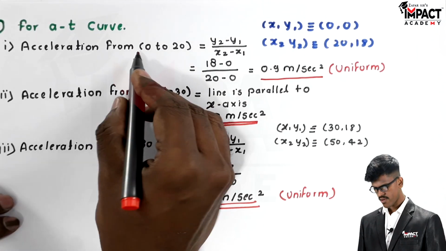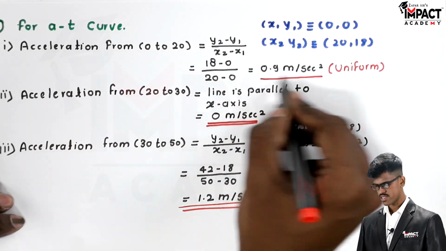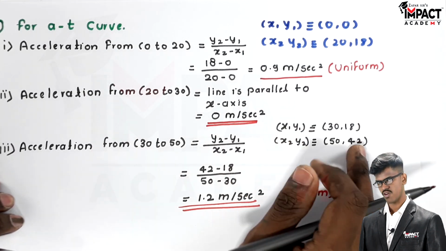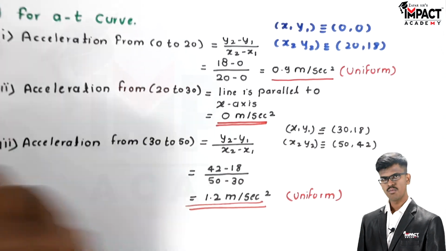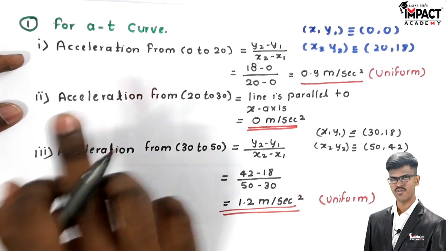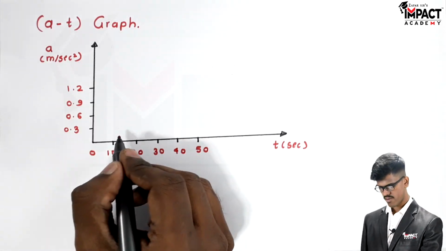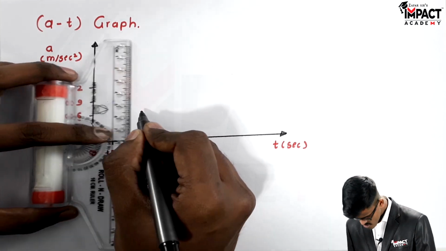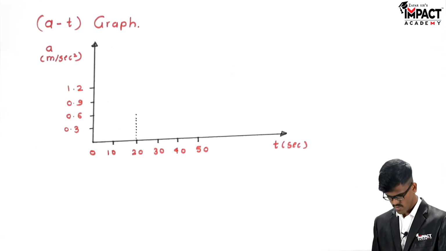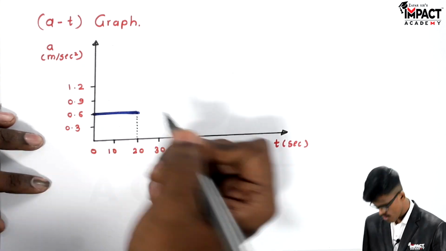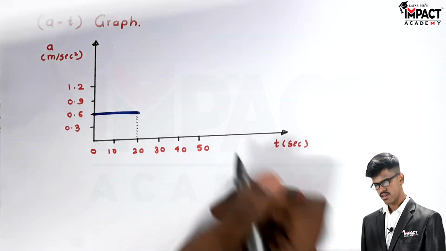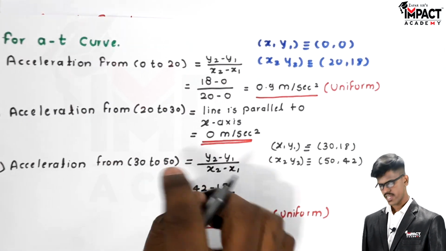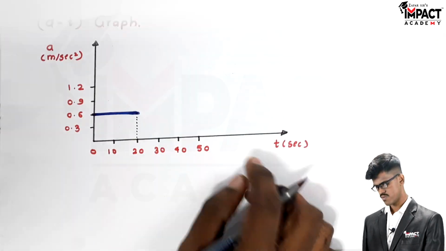So for time interval 0 to 20, the value of acceleration is 0.9, which is uniform, means it is a positive value of slope, a straight line up to 20. Okay, then for time interval 20 to 30, the value of acceleration is 0.